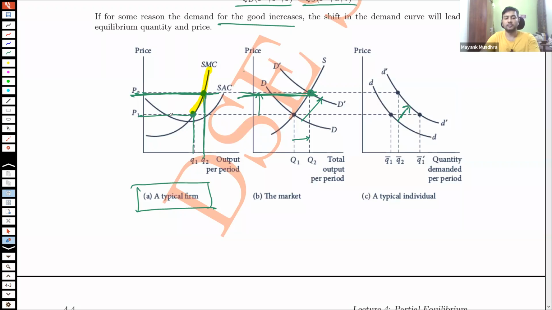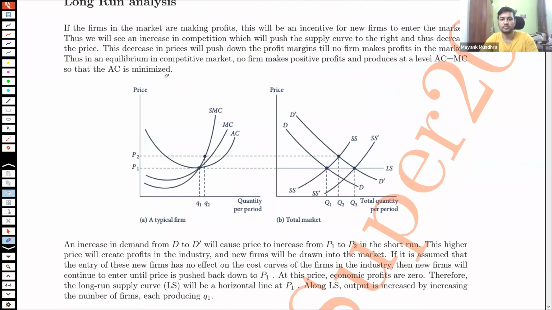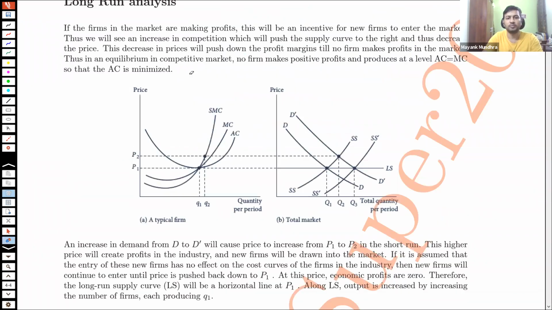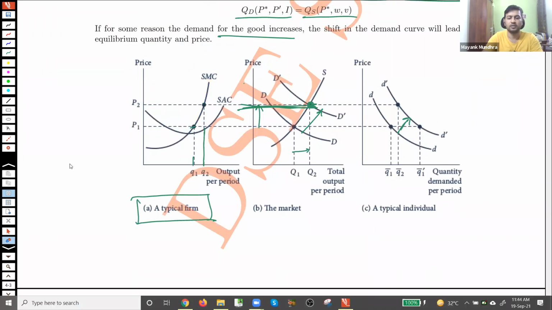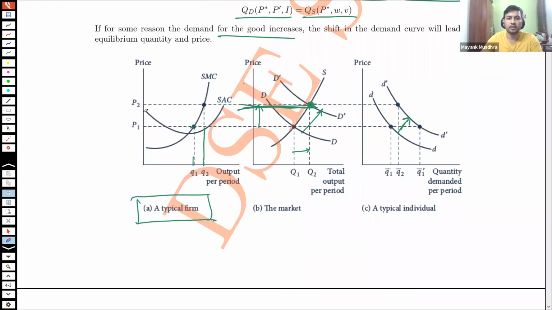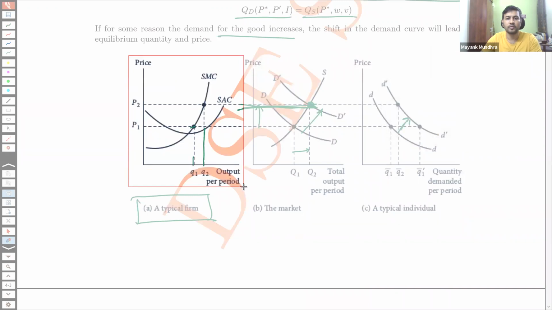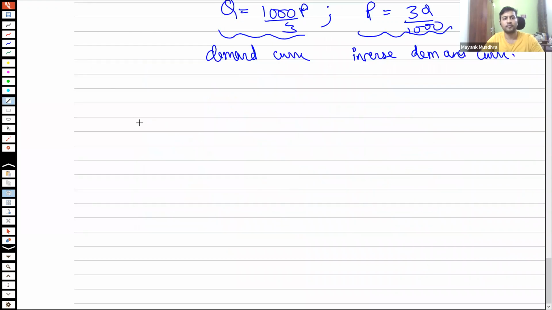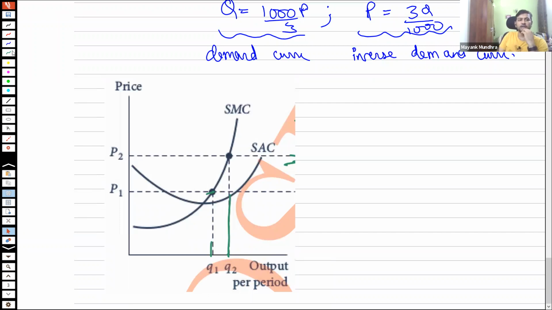All right, so let us analyze this particular situation. Let me copy this curve instead. Initially it was producing at this point.